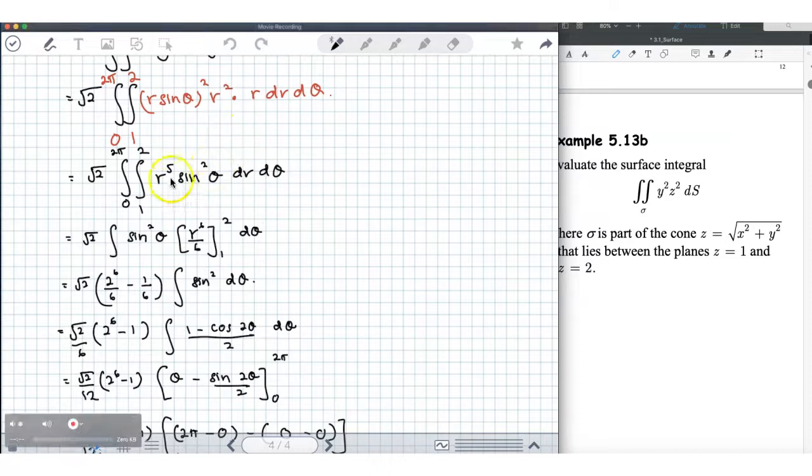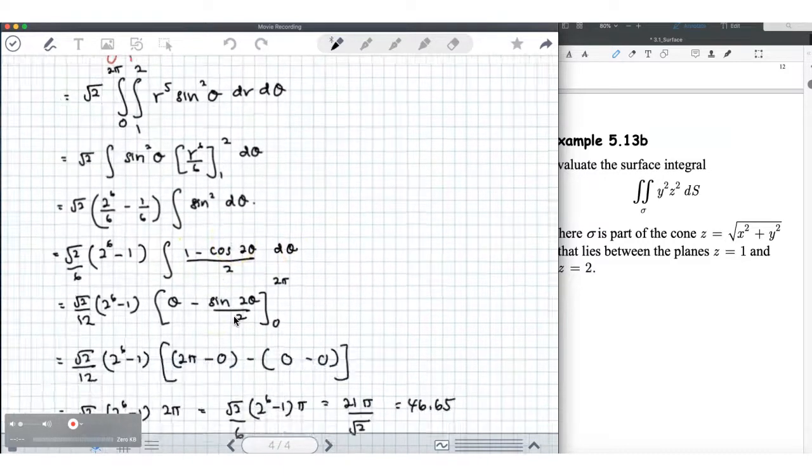When we simplify, first integrate with respect to r, so we get r to the sixth over 6. I replace the limit and we got this. Now we integrate the sine squared, so we cannot directly put the sine cubed over 3. You have to reduce the power of the square by using the identity, 1 minus cos 2 theta over 2. You can check the list of formulas provided. So it is given.